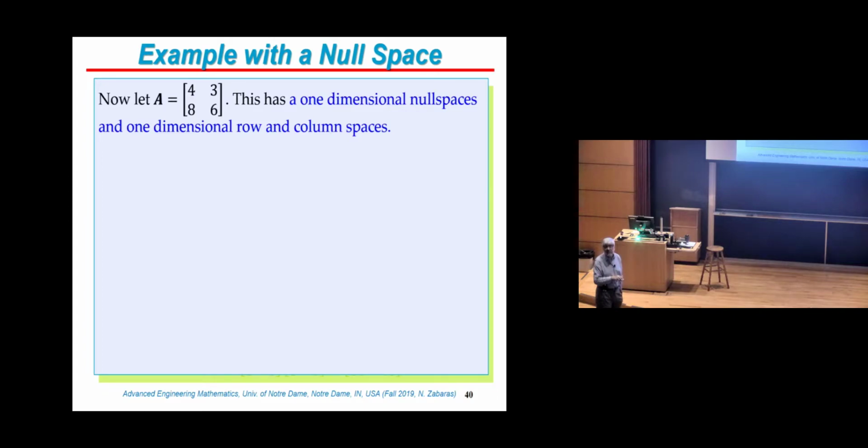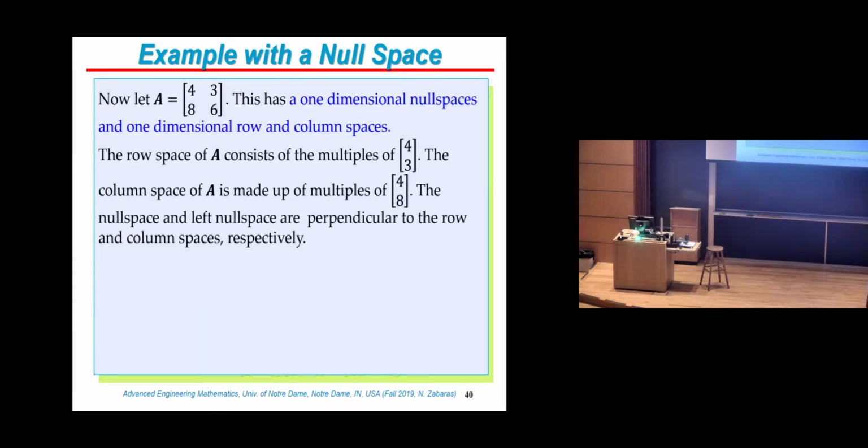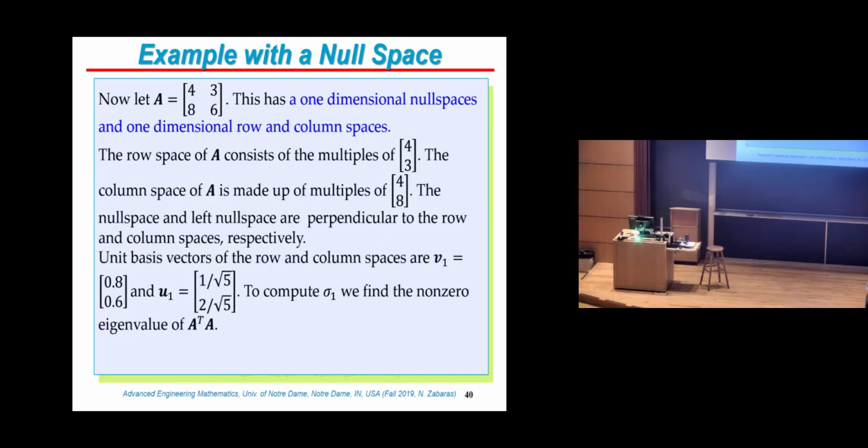So when we do the singular value decomposition, we will only be able to compute one V vector and one U vector coming from the row and column space. Then we will have to enhance that information with additional vectors from the base of the null space and the left null space. There's nothing difficult here.